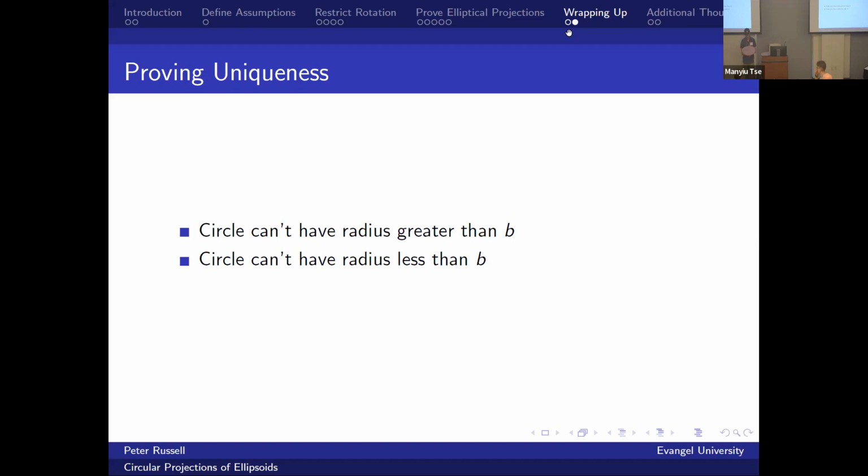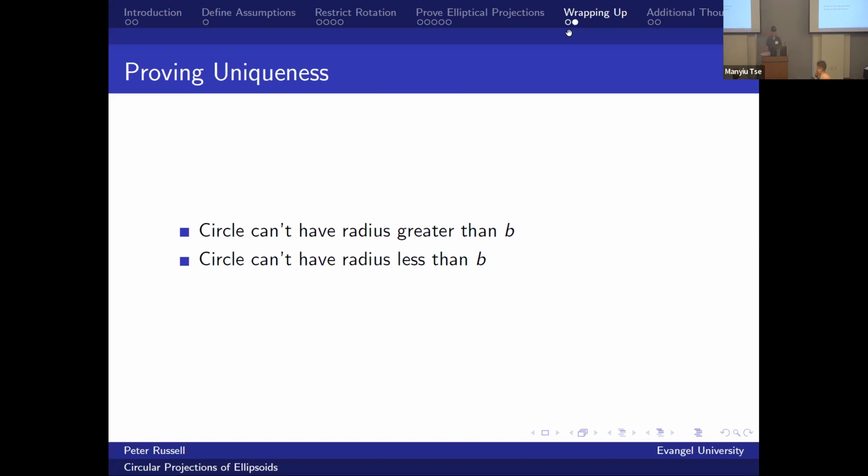And if you start moving your points outwards, you're getting a greater distance. So we know that there is at least one diameter of the ellipsoid shadow that is potentially greater than or equal to 2b.